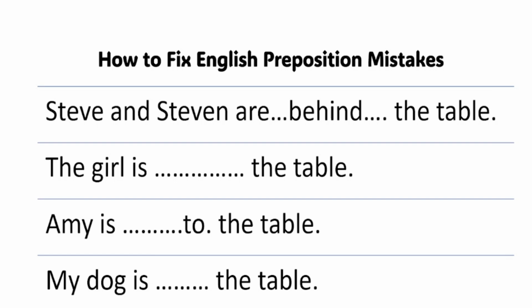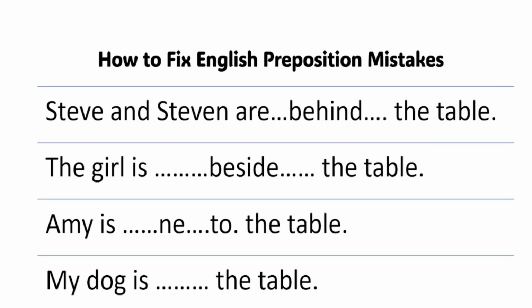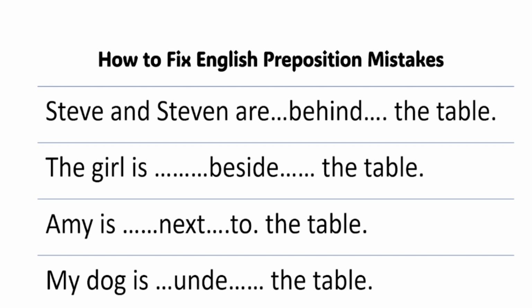The girl is beside. So beside, okay? Beside the table, okay? Amy is next to the table. Okay. My dog is under the table. Okay.